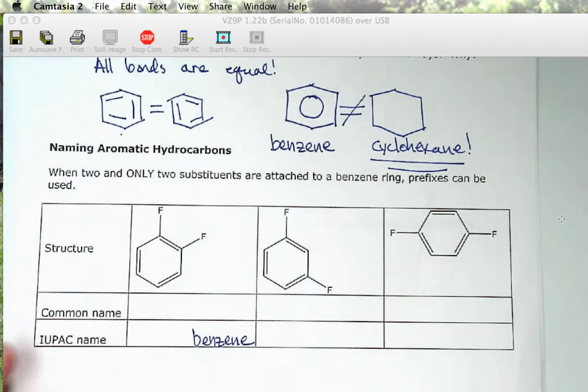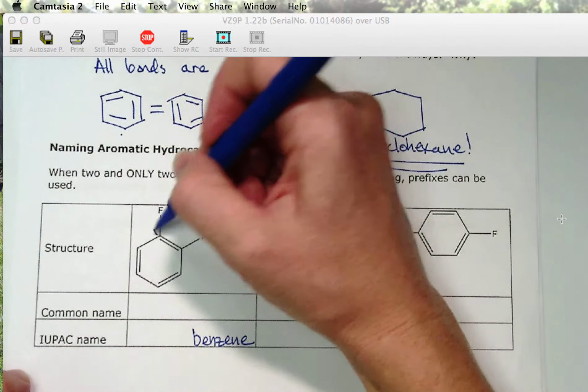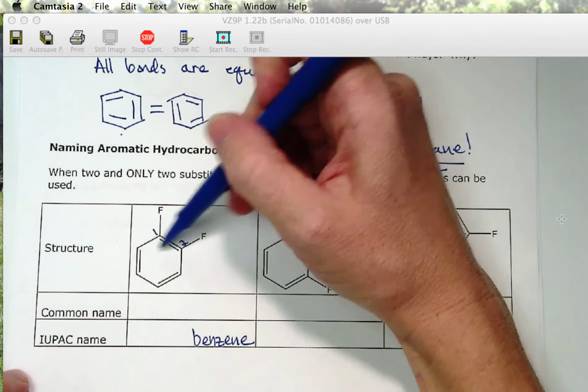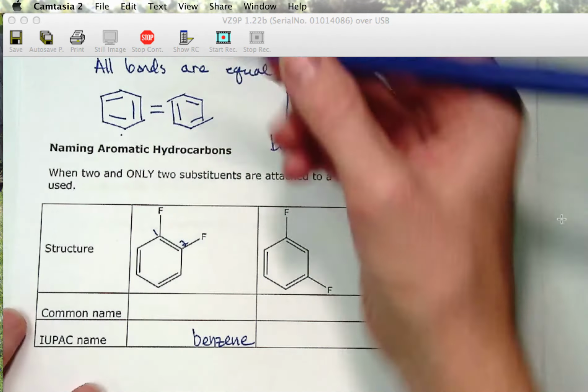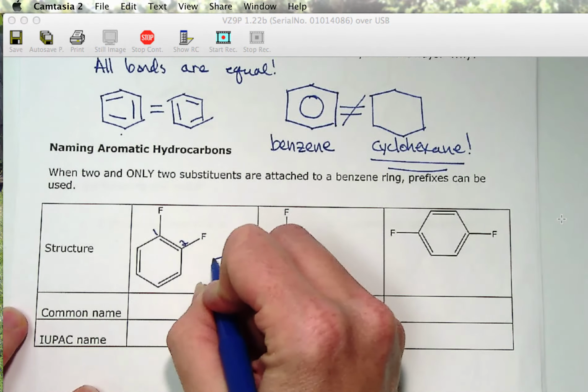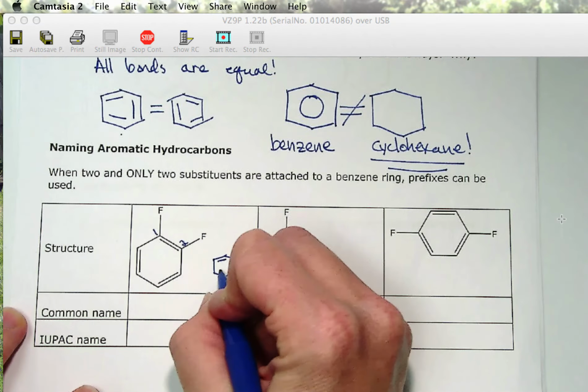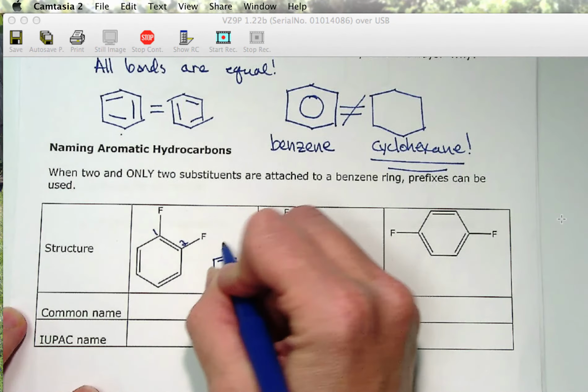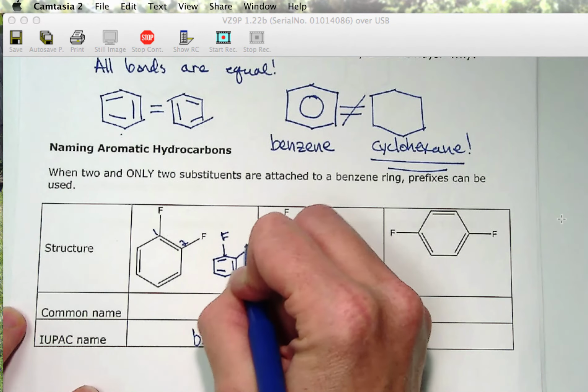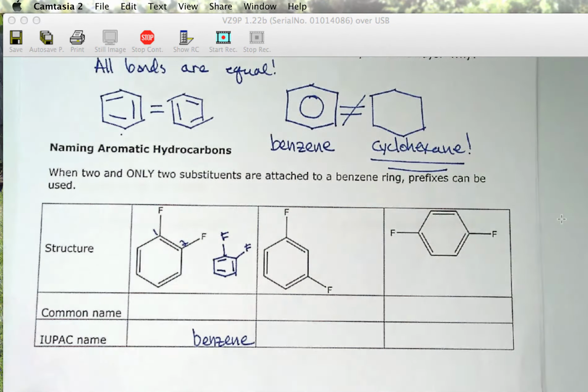That's the parent. And you're just going to name the substituents like you did. Now this is 1, 2. If the double bond was flipped around, if it was written like this, it would still be 1, 2.